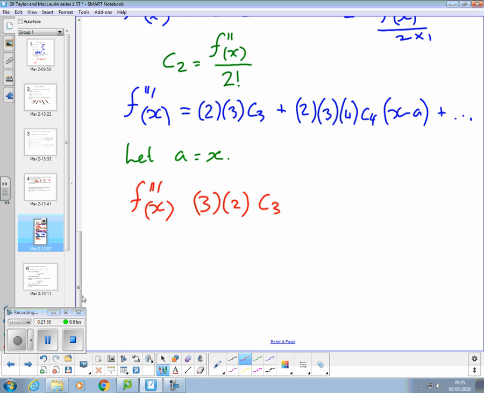Therefore, C3 is equal to f triple dash of a over 3 times 2 times 1, which equals f triple dash of a over 3 factorial.